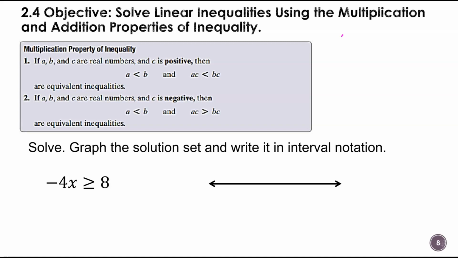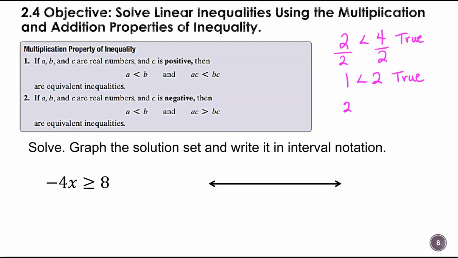So let's just say we had 2 is less than 4. Right? If I divide by 2, then I get 1 is less than 2. And this was a true statement initially, and it is still true. 1 is less than 2.